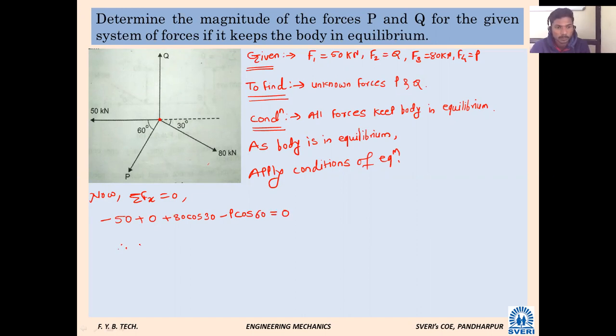From this, calculate P. Very simple. Tell me how much it is.